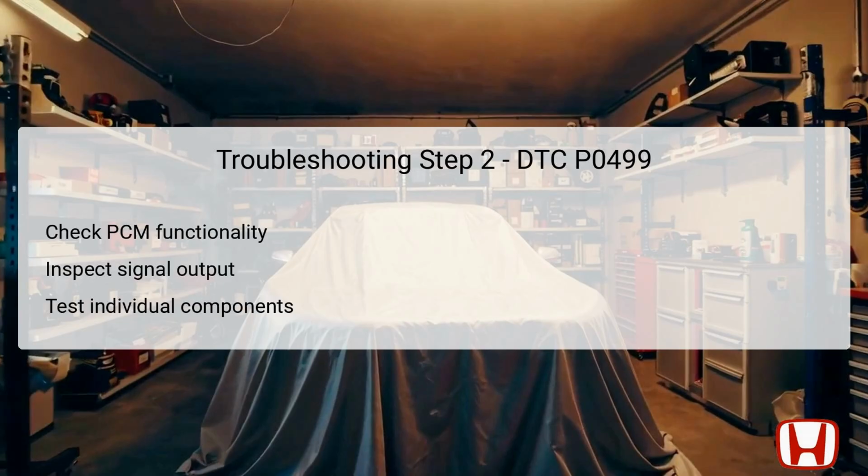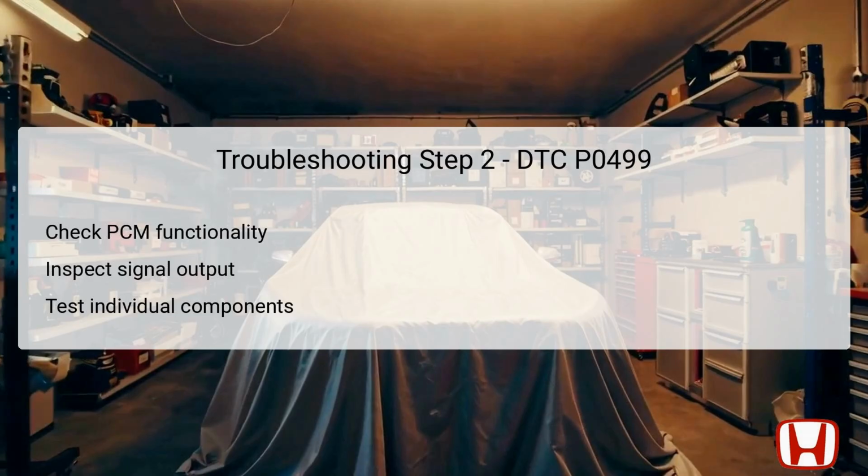In this second step, the focus shifts to verifying the functionality of the Powertrain Control Module, PCM. Since the PCM is pivotal in regulating the vehicle's systems, inspecting its output signals for the vent shut valve is crucial. A technician should evaluate whether the PCM produces the correct on-off signals as expected.